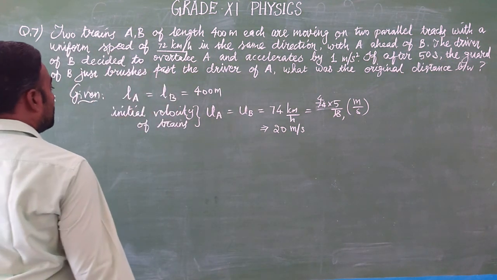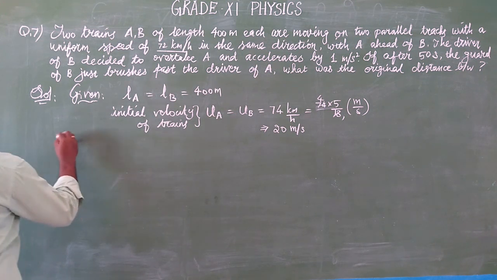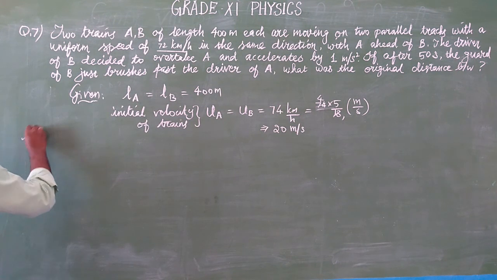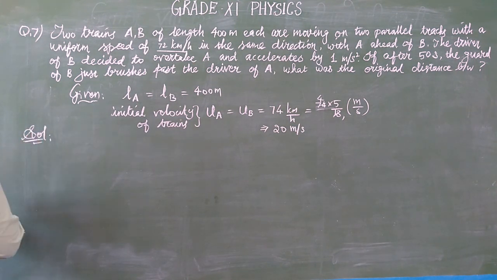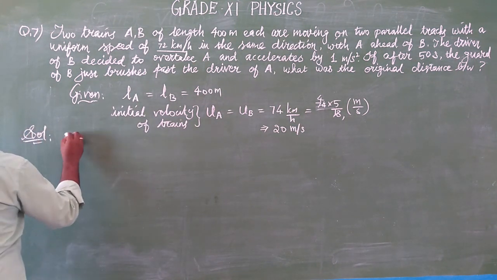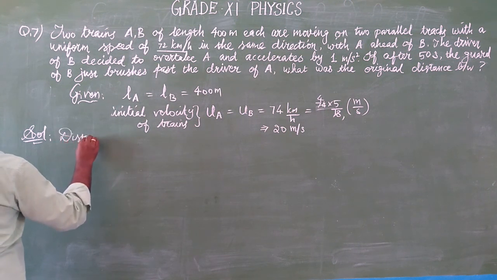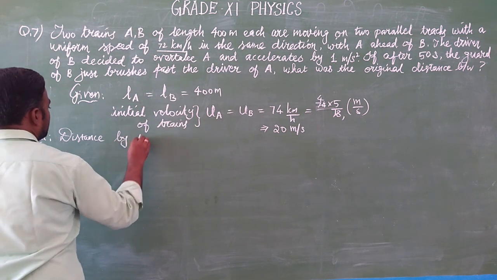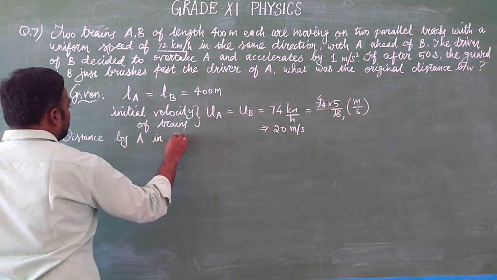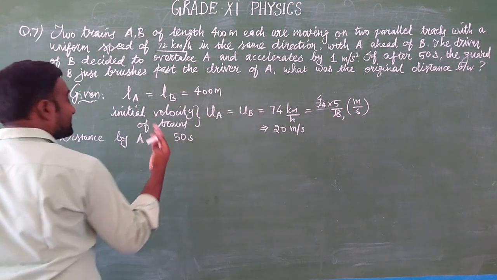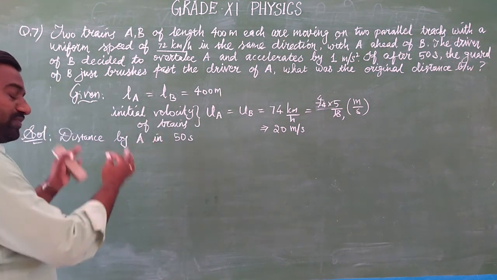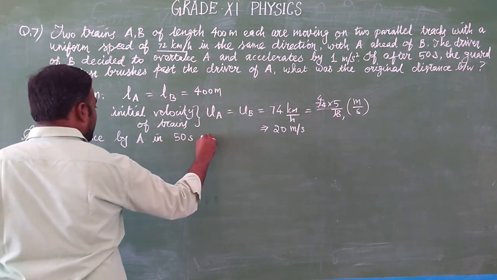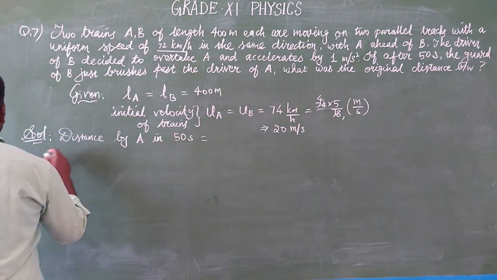Now we want to find two things. Look at the solution. This is the given; now the solution starts. First, the distance covered by train A in 50 seconds. Accelerated or unaccelerated, both start with the same speed. In this case, we want to find the distance covered by train A in 50 seconds.